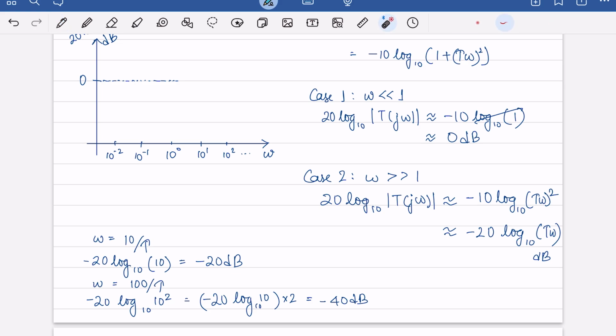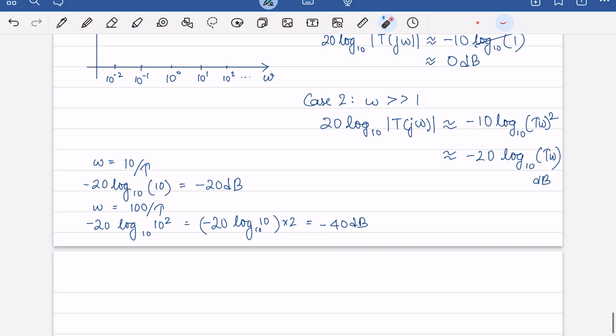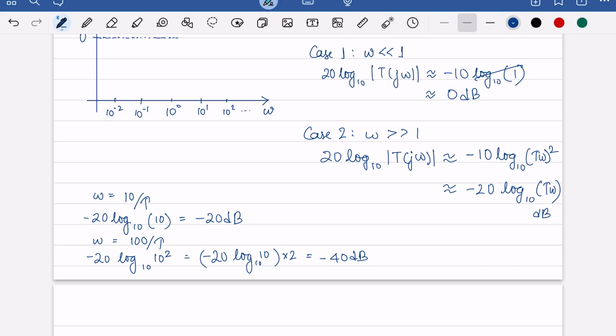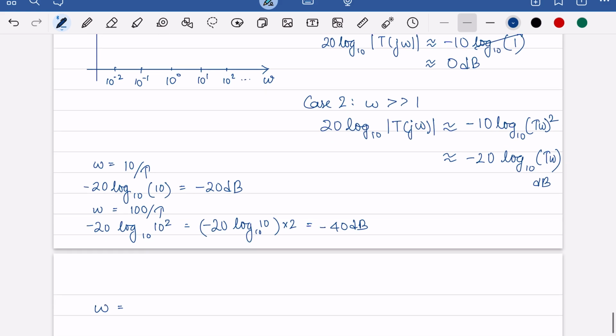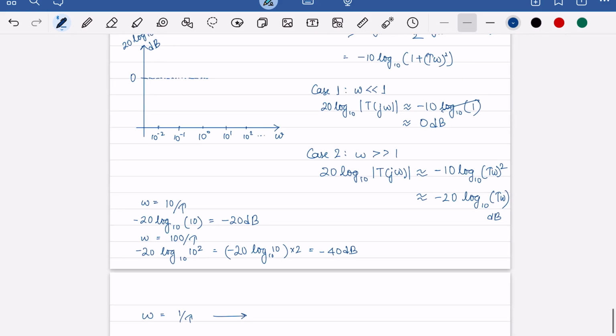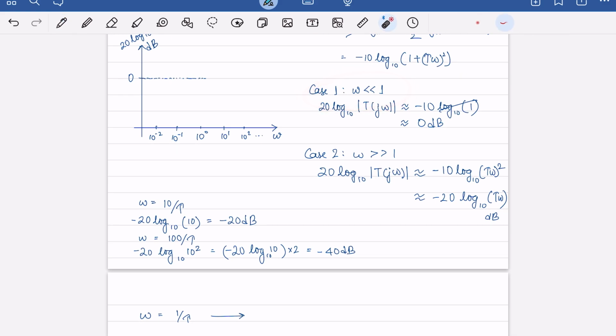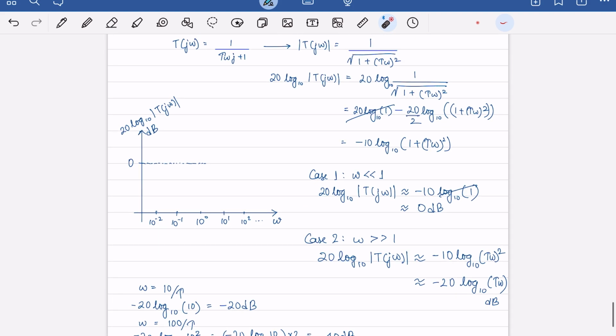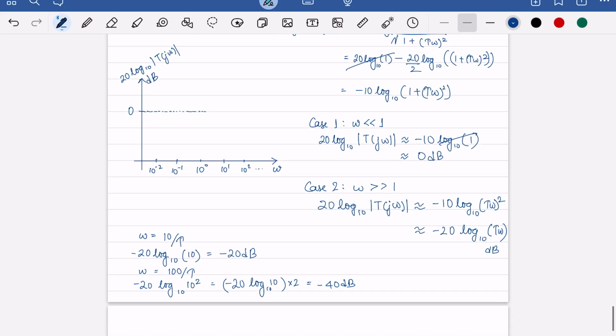So we see here that if omega is now written in terms of 1 by tau, there's an advantage because we get nice round numbers. It's kind of how most of the plotting work happens: we just try to look for characteristics in the function and exploit that. Let's look at what happens when omega is equal to 1 by tau. In this case, even without making this approximation or that approximation, let's just put in the values.